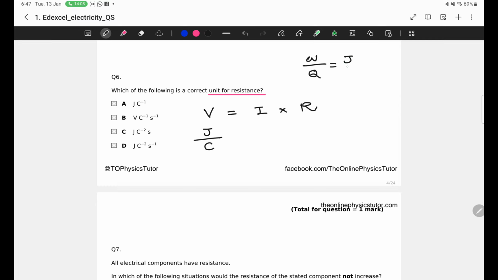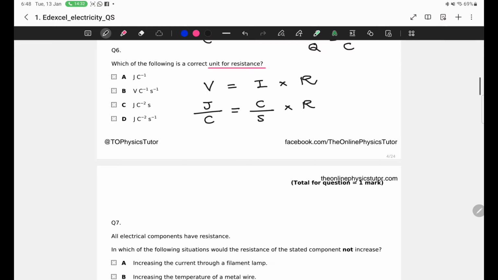Unit of work is joule, unit of charge is coulomb, so volt is equals to joule per coulomb. And current is Q upon T, which means coulomb per second. Now I am solving R.